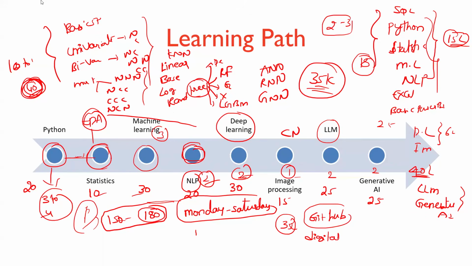Let me answer this question. Let's say pandas, Python pandas. I will give one data set, and with the help of pandas, you can generate a report or create an analysis. For example, you're working for a telecom company. Majority of the telecom companies face a challenge of attrition. Attrition means people are leaving the network.